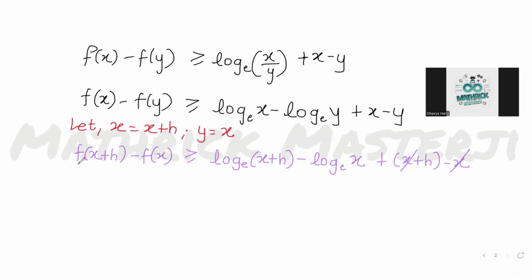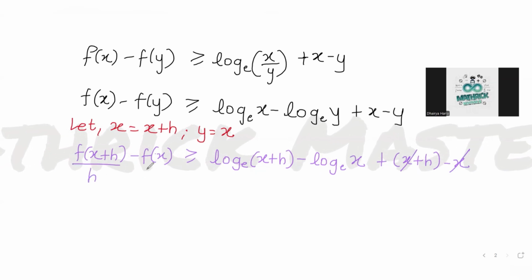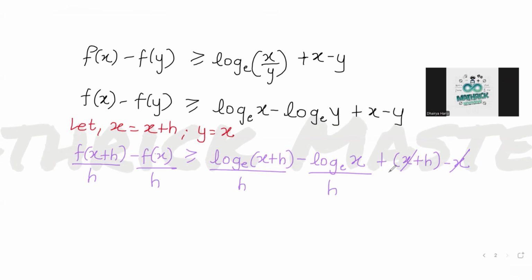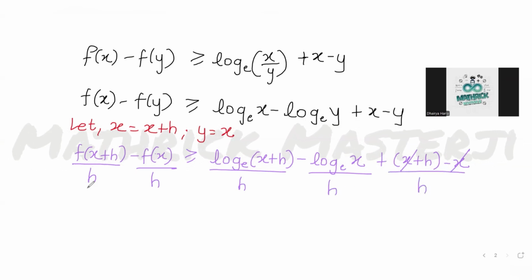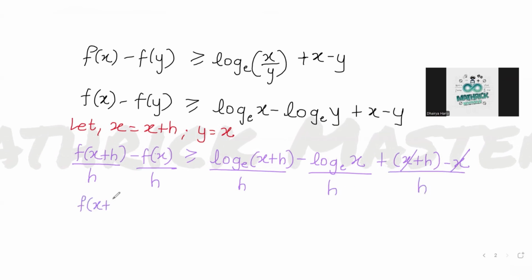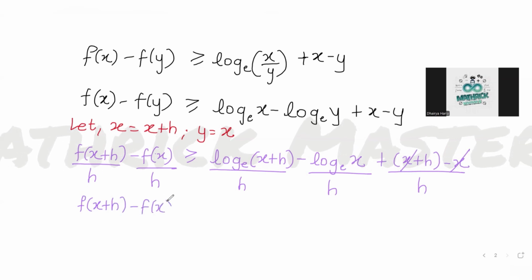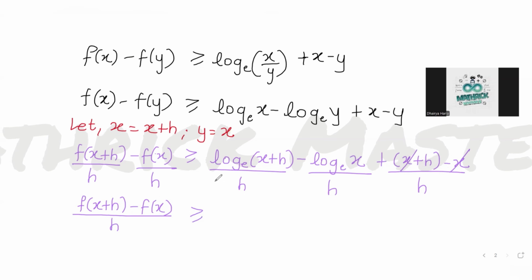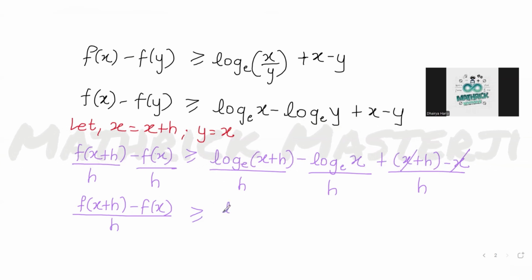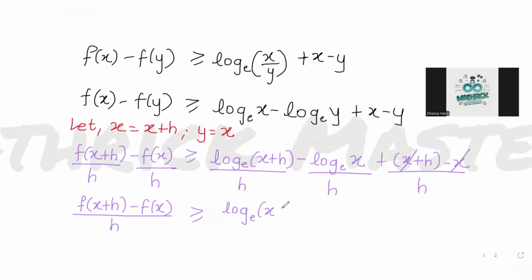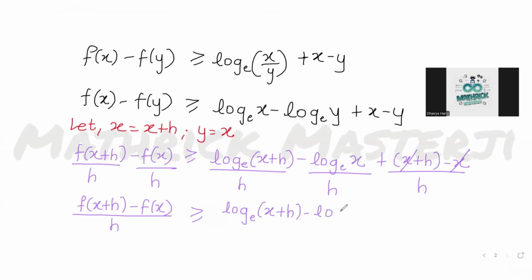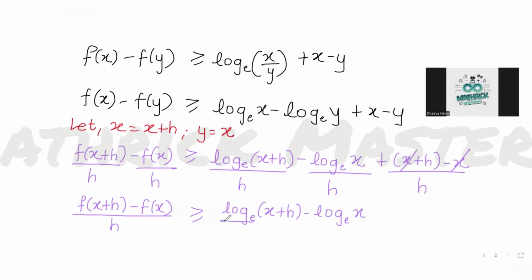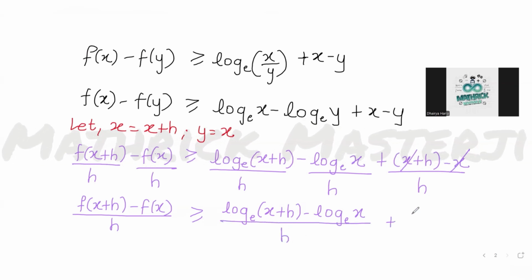So I'll divide throughout by h everywhere. What I'm left with is f of x plus h minus f of x over h greater than or equal to natural log of x plus h minus natural log of x, over h, plus 1.